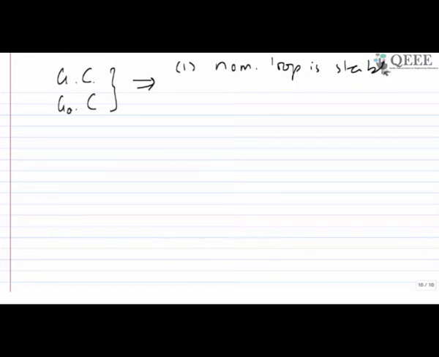So first of all, what I have assumed, write them here: that G into C and G naught into C, the nominal loop is stable, and the same number of unstable poles.